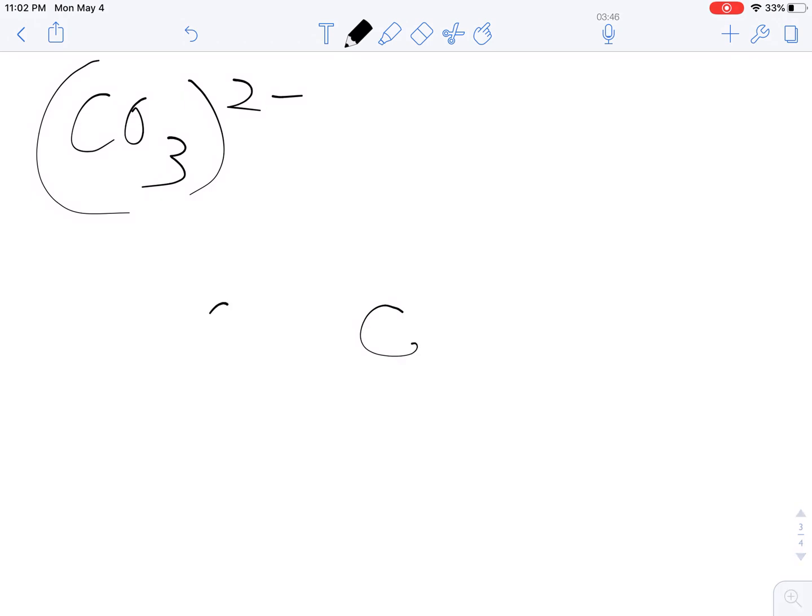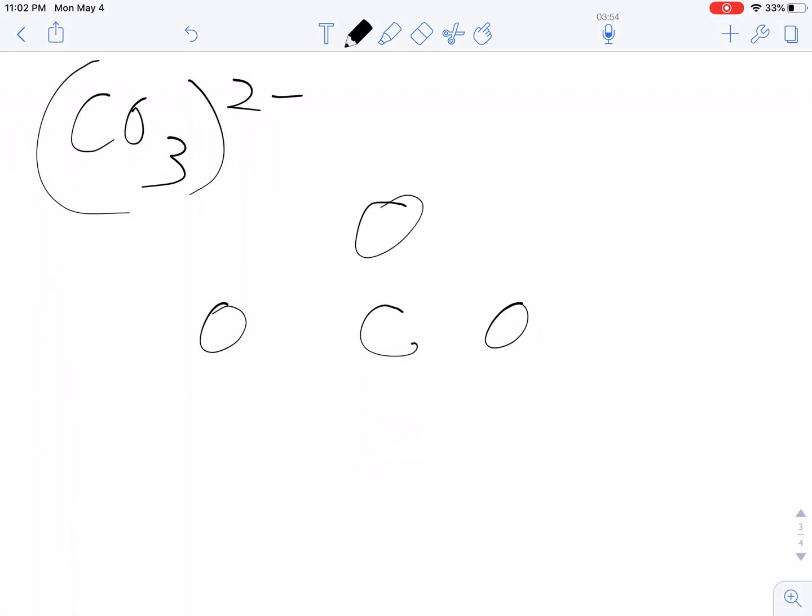So now let's take the case of carbonate. Okay? Carbonate's a good example. So carbon is in the center, and I got my 3 oxygens around it.